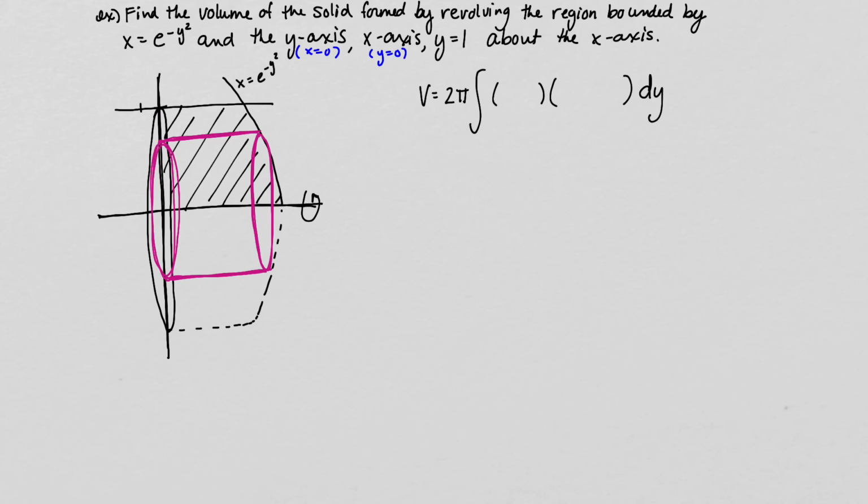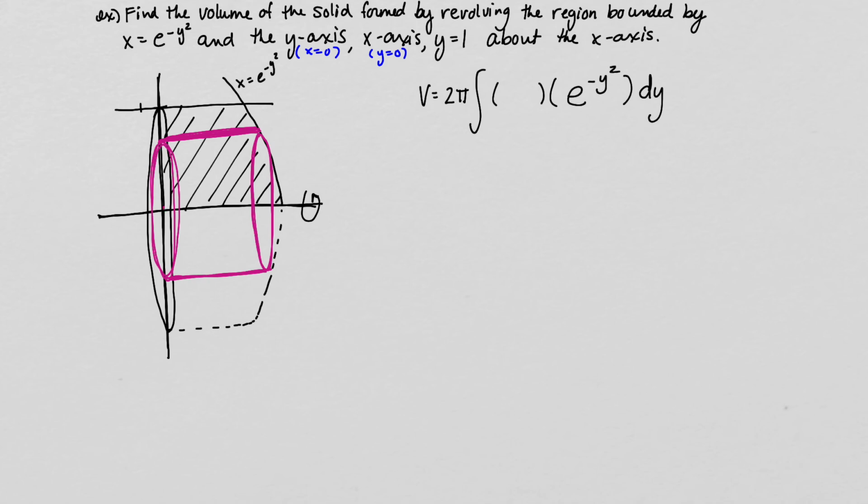So my height is sitting on what? My height is sitting on the curve, so my height is e to the minus y squared.